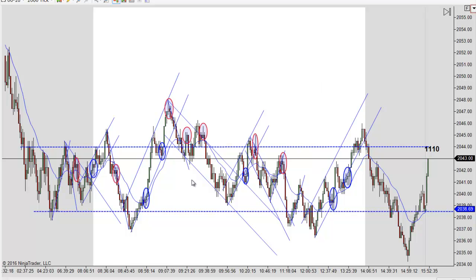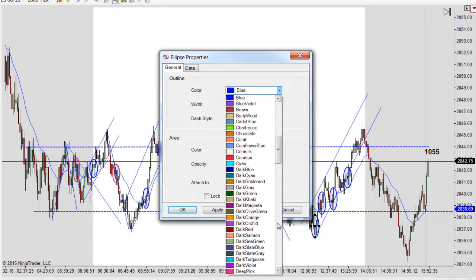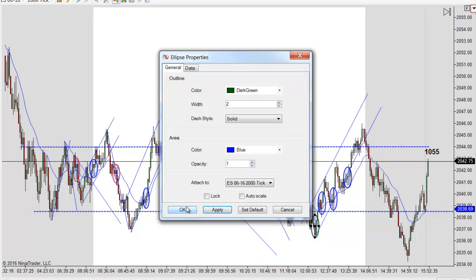If you just follow the range rules, if you bought the lows, I actually missed a trade right here. Actually missed a couple of them. This one could actually be green here. I'll talk about them when we get to them, but I just noticed I failed to circle those.